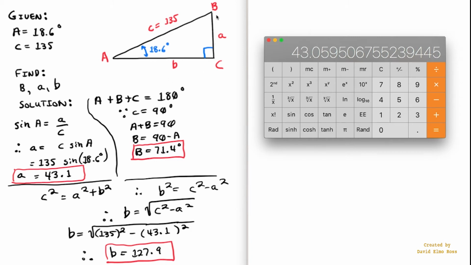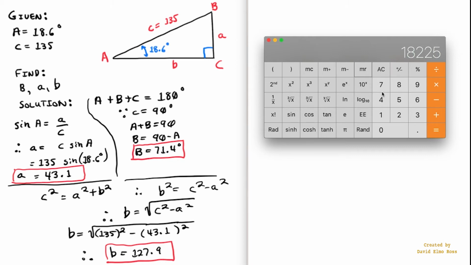So we know 2 of the 3 sides. Now we also know that c squared, which is our hypotenuse squared, is equal to the sum of the squares of the opposite and the adjacent side here. We can rewrite this as b, which is the one side that we haven't figured out yet, is equal to the square root of c squared minus a squared. The value here for c is 135, and let's square that and add that to memory.